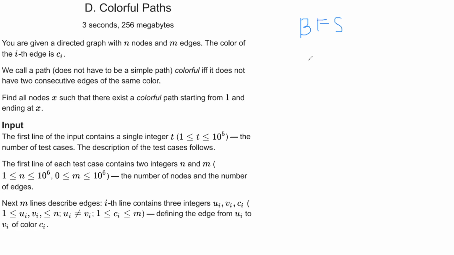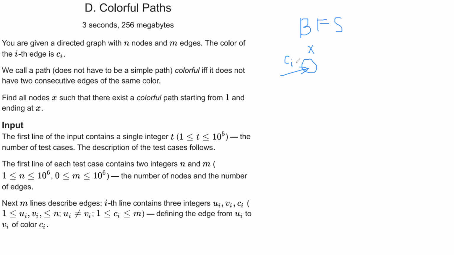In BFS, once we reach some node X, after that we mark this node as visited. Now we do it with a different thing. If we reach this node with color CI, then we mark this node with this color.